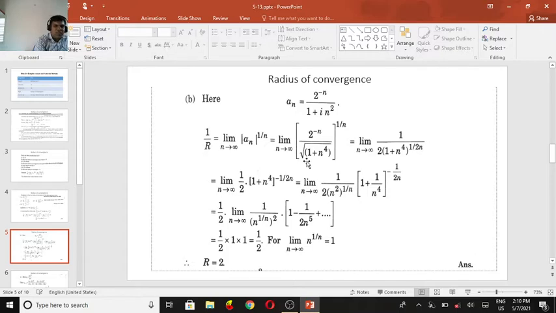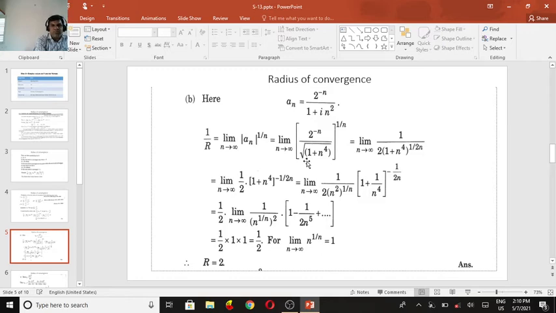Again, 1 by R is equal to the limit as n tends to infinity. Take the root test: a_n to the power of 1 by n is equal to the limit as n tends to infinity of 2 to the power of minus n divided by the square root of 1 plus n to the 4, whole to the power of 1 by n.